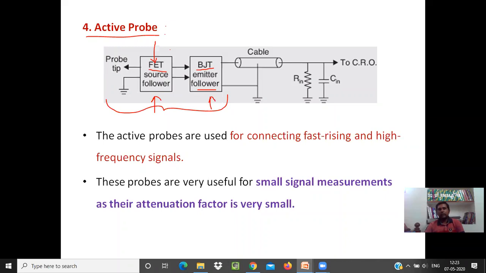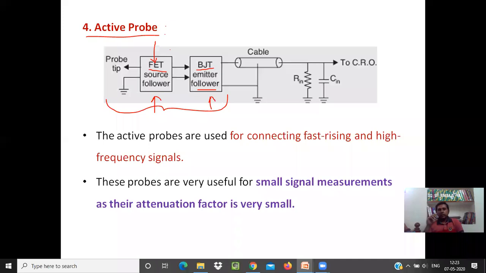Loading effect means that the most important point in using a measuring instrument is that it should always have a high input impedance and a very low output impedance.